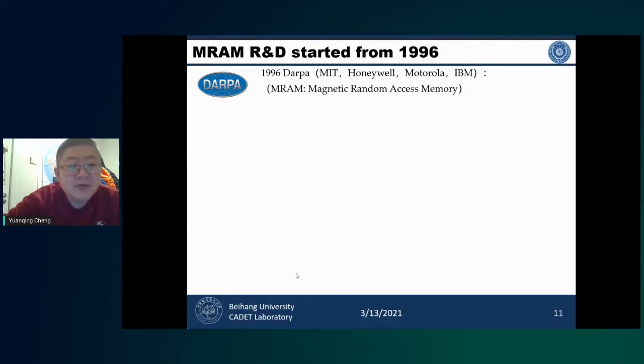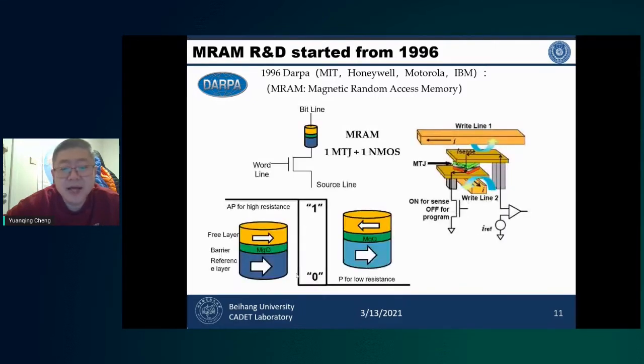Magnetic RAM research and development started as early as 1996. For example, in 1996, a DARPA program operated by MIT, Honeywell, Motorola, and IBM had a research direction to develop magnetic random access memory.